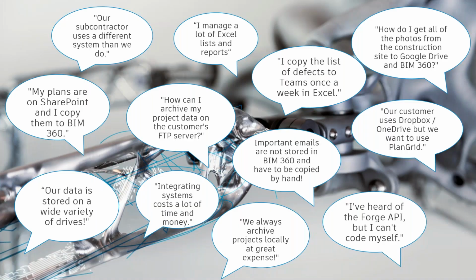So ideally, when you start talking about integrating systems and how we bring all these things together, people will say, yes, I work with Excel, I like using Excel. People like to use FTP servers. My plans are on SharePoint and I copy them to BIM 360 manually. Other people ask us, how do I get all of these photos from the construction site to Google Drive?